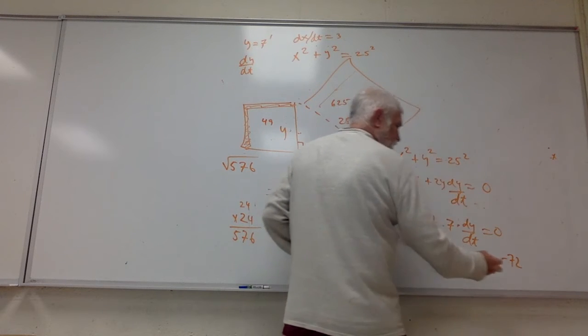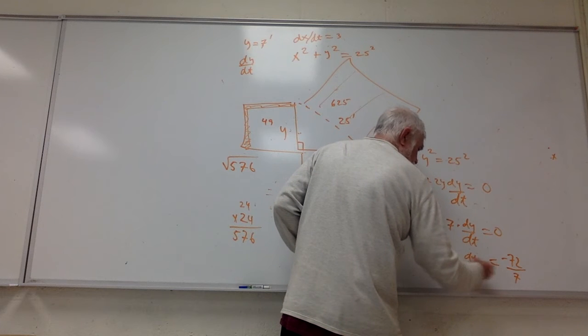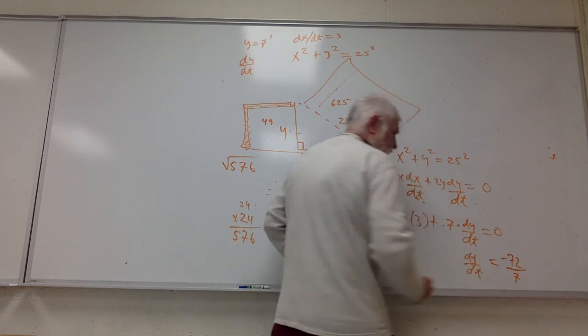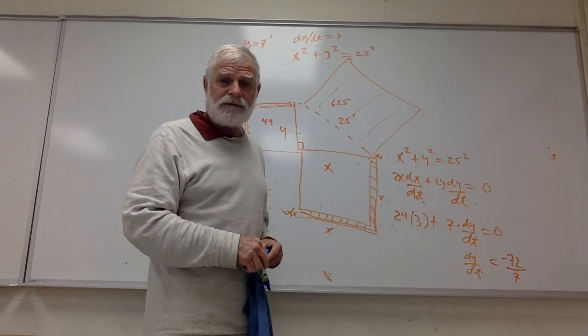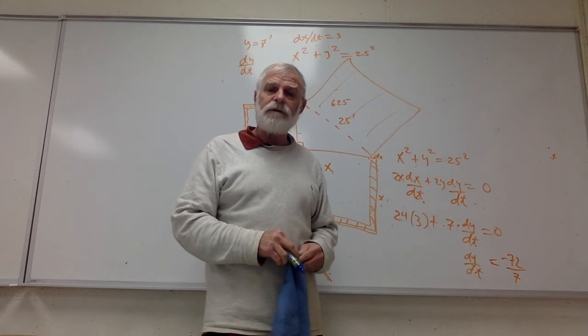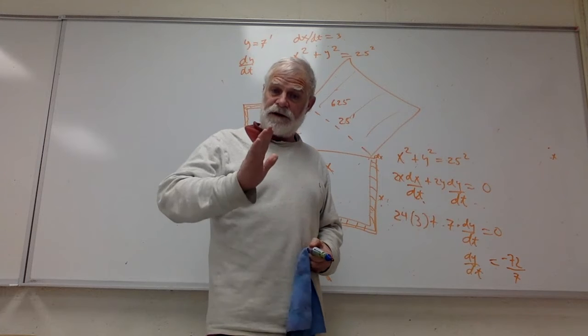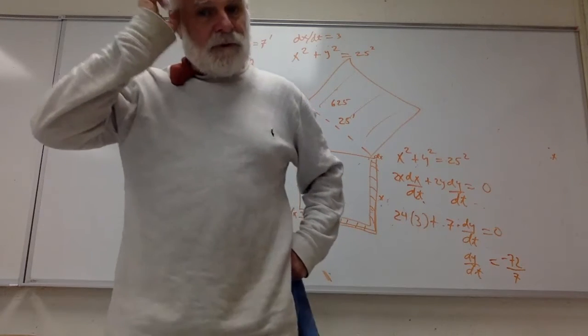We divide by 7. And that's our change in height with respect to time. That's the rate at which the ladder is going down. It's decreasing at about 10 feet per second at that instant. So the closer you get to the ground, the faster that ladder's coming down. That's a related rates problem.